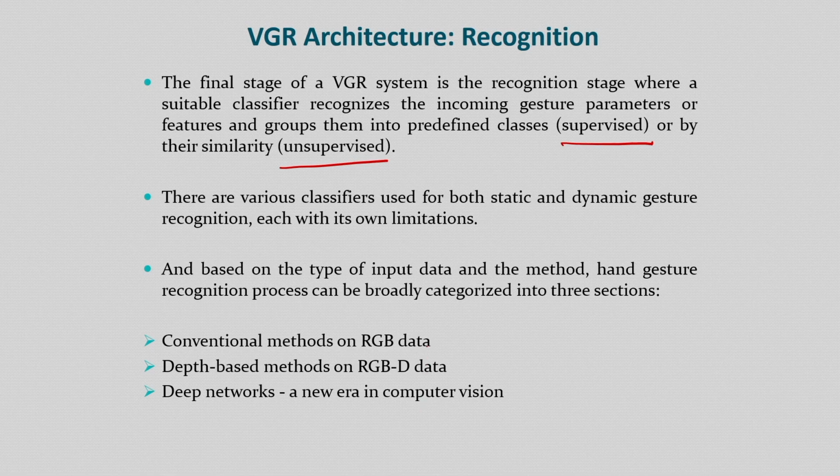Maybe we can consider the conventional methods on RGB data, or the depth based methods on RGB depth data, or the deep networks that we can use for recognition. So the classical machine learning techniques, maybe the support vector machine, the k nearest neighbor, can be used for gesture recognition, or deep networks like the CNN, the convolutional neural networks.